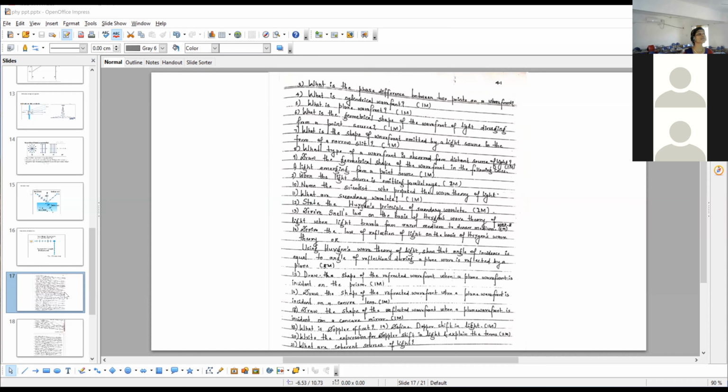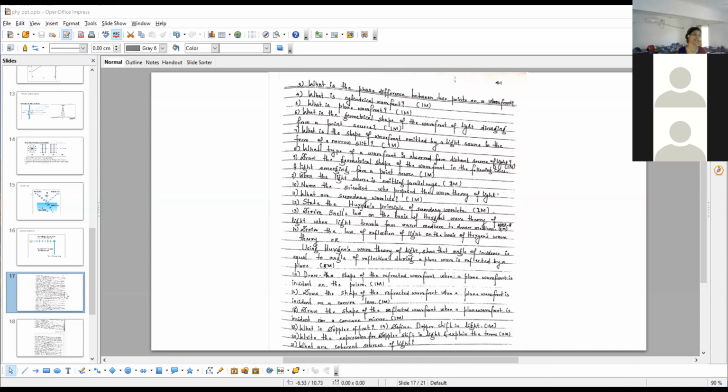Next, draw the shape of the reflected wavefront when a plane wavefront is incident on a prism. They may ask like this. Next, draw the shape of the reflected wavefront when a wavefront is incident on a concave mirror. Or based on the Doppler effect, they may ask questions like: what is the Doppler effect?